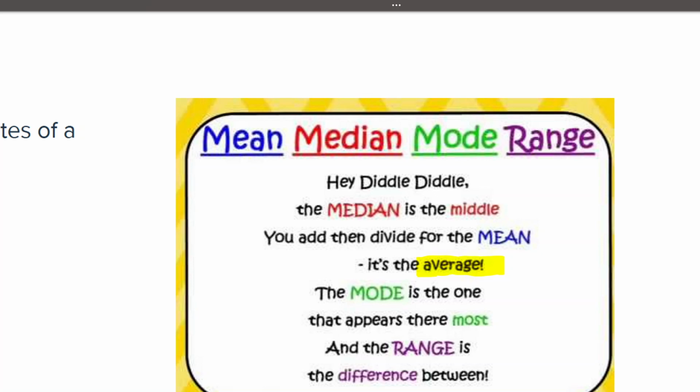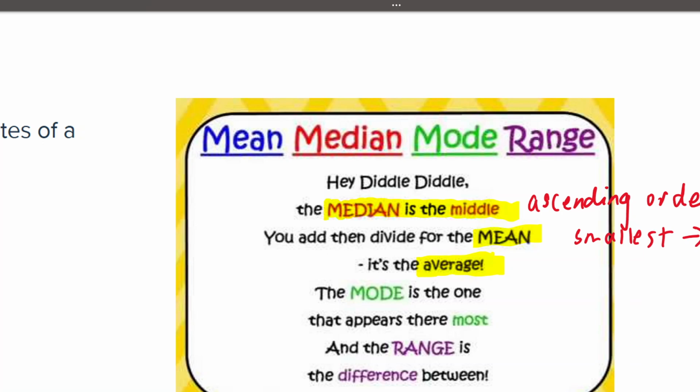So you need to know that the mean is the average. So when you add the scores together and divide by the number of scores. The median is the middle when the scores are in ascending order. So ascending order means from smallest to largest.